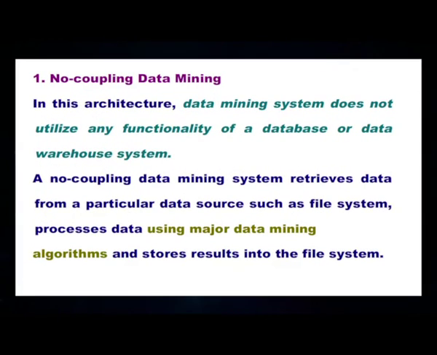First, we will see no coupling data mining. In this architecture, the data mining system does not utilize any functionality of a database or data warehouse system. A no coupling data mining system retrieves data from a particular data source such as a file system, processes data using major data mining algorithms and stores the result into the file system.